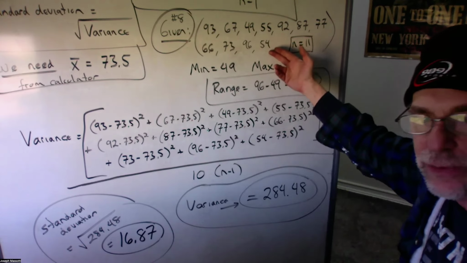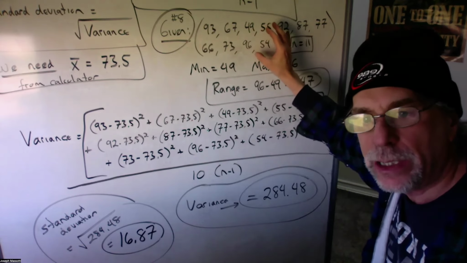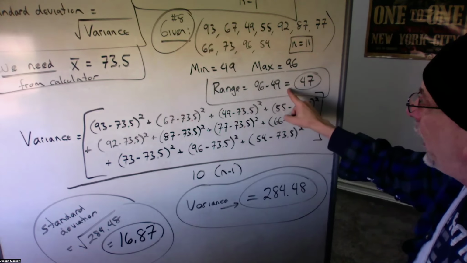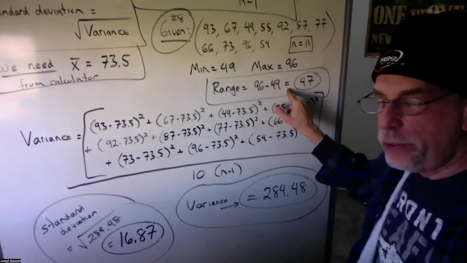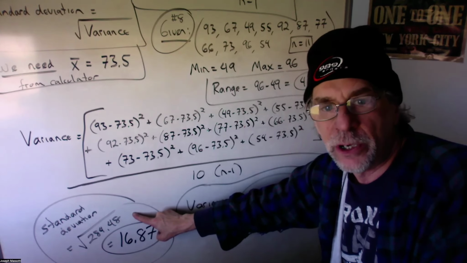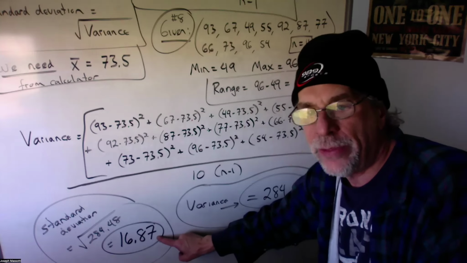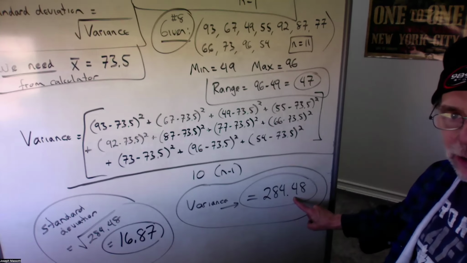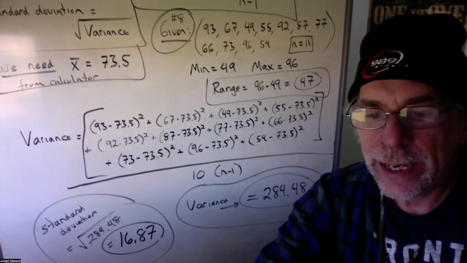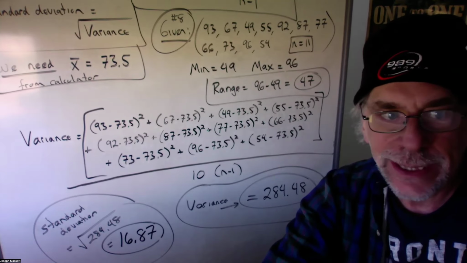I'm going to be perfectly fine if you just put the list in your calculator, find the range using the minimum and maximum values. The standard deviation will be given to you in your one variable stats, and then you're just going to square this number to get the variance. All right, so ranges, variations, and standard deviations, 13.2.